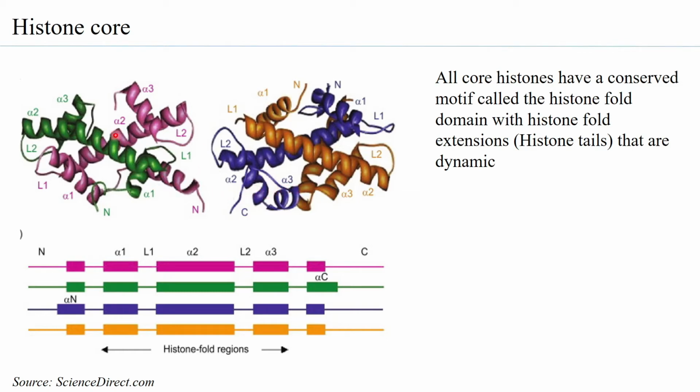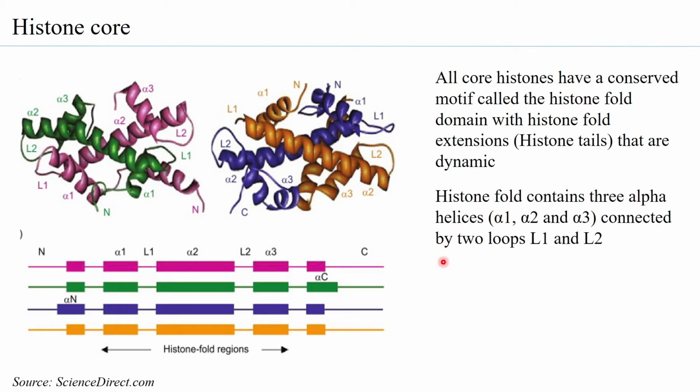And secondly, because of the way the motif is formed, you also have the N-terminal regions extending as histone tails. And so both histone tails and the conserved histone fold help in actually forming the nucleosome core particle, and the histone tails themselves are highly dynamic, as we will see in some time.